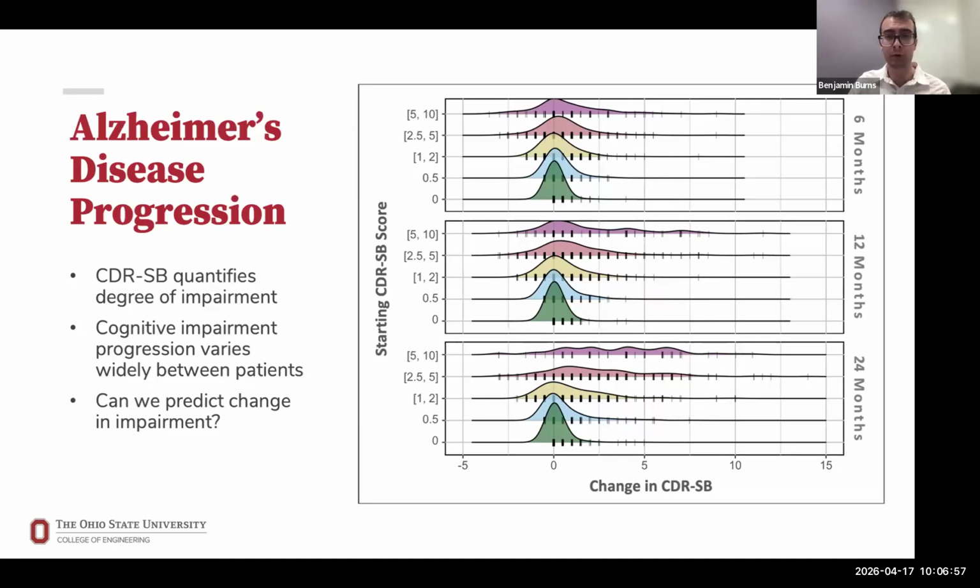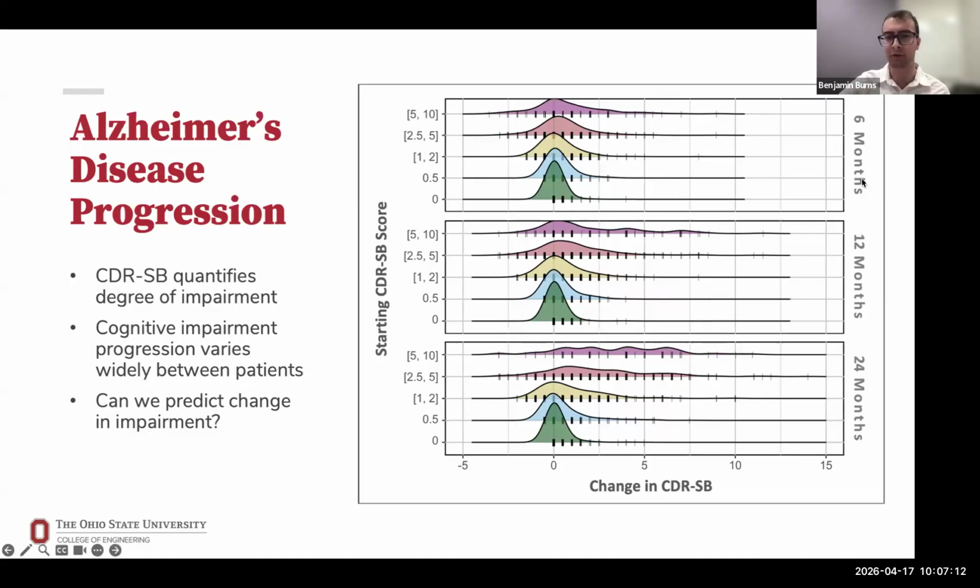For this reason, we want to develop methods to predict this Alzheimer's disease progression rate so that clinicians and physicians can provide more individualized management to their patients based on the predicted rate of progression.